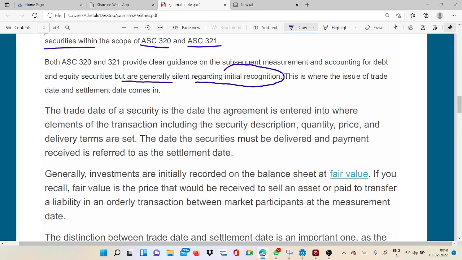Initial recognition means recognizing the value of a particular thing at the initial stage. So it means on a trade date, on the TD. This is where the issue of trade date and settlement date comes in.